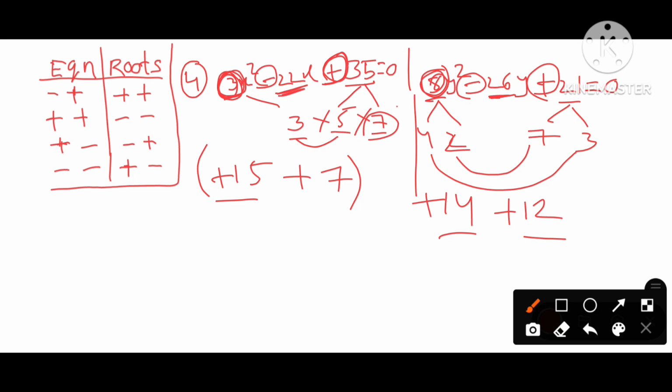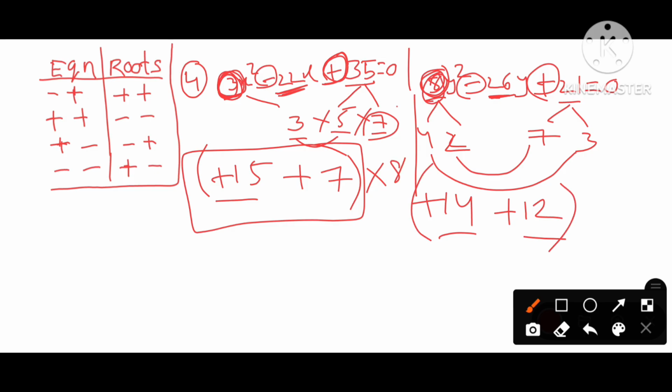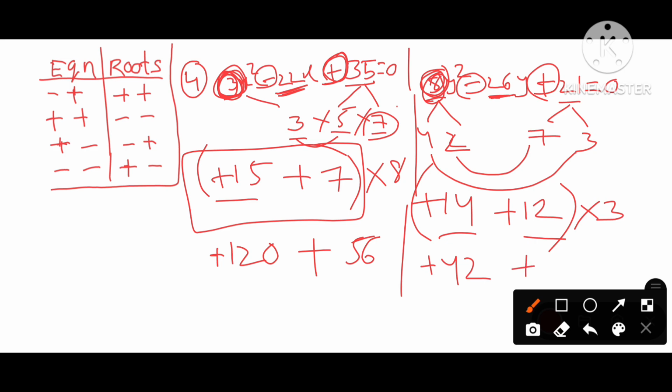The x roots we multiply with the y coefficient, which is 8, and the y roots with the coefficient of x, which is 3. So 7 eight times is 56, plus 56, and 15 eight times is plus 120. Here in y the roots will be 14 three times, which is 42, plus 42, and 12 three times, which is plus 36.